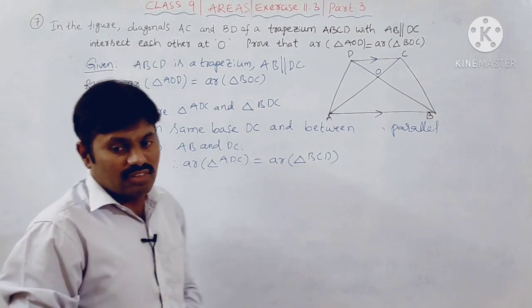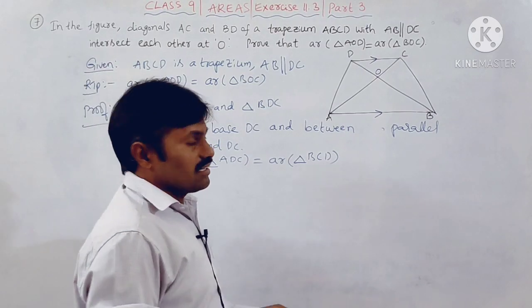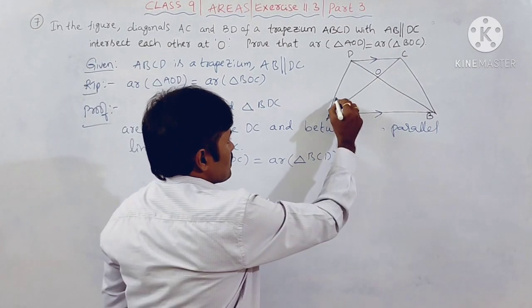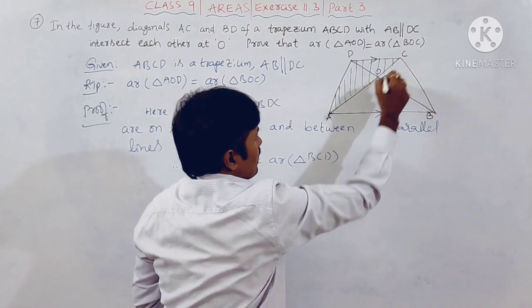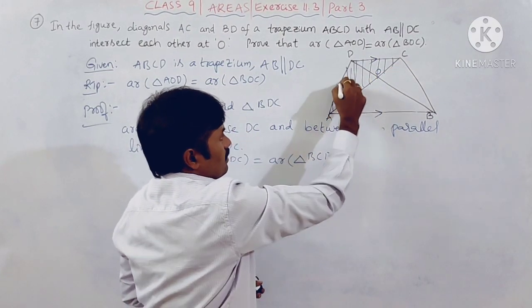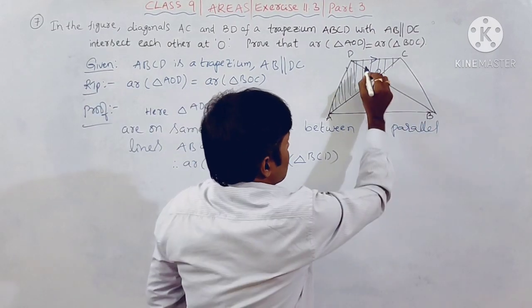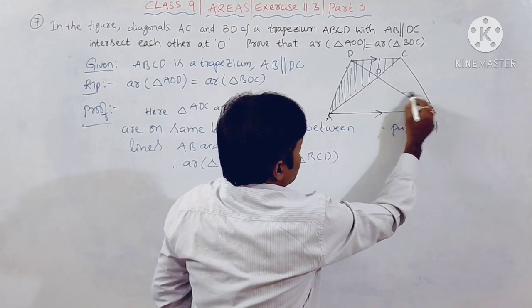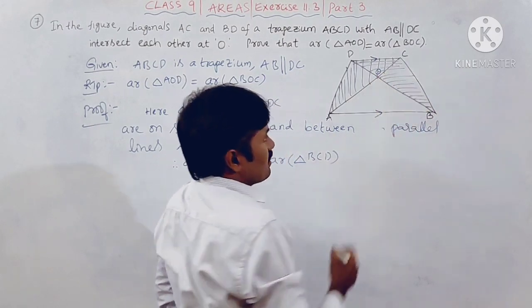If you observe carefully, ADC means this one, this is the ADC triangle, and BDC means this is the BDC triangle.